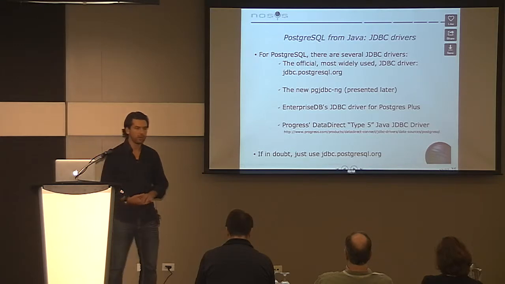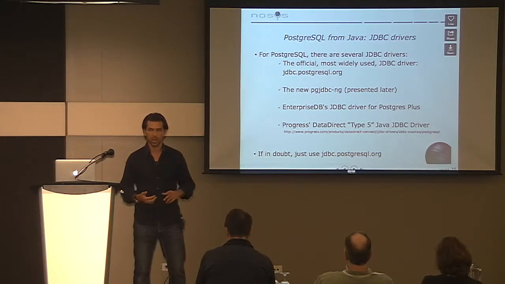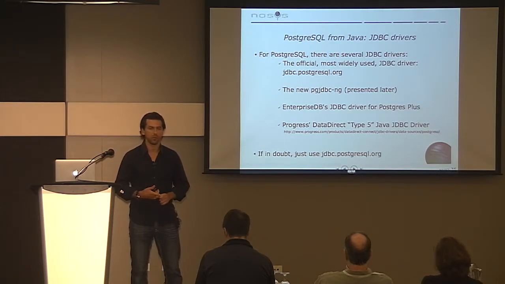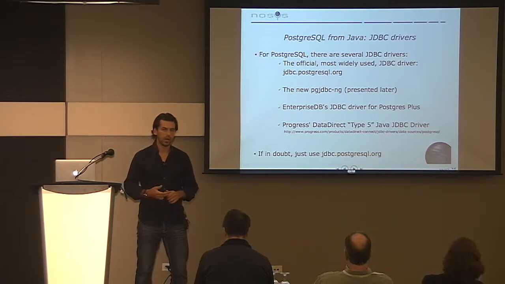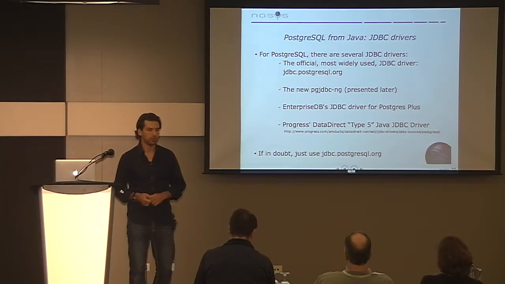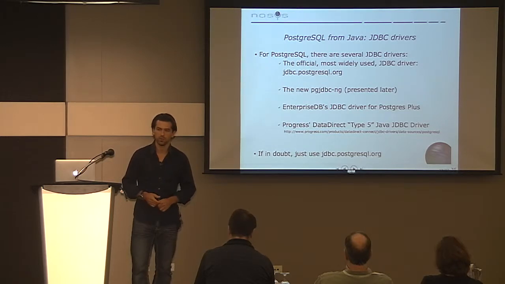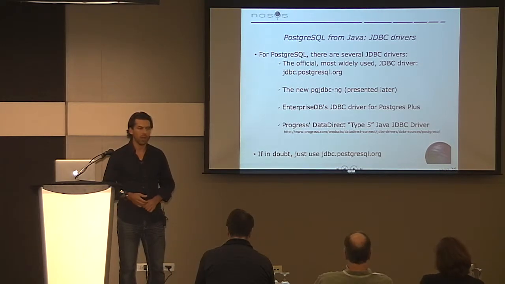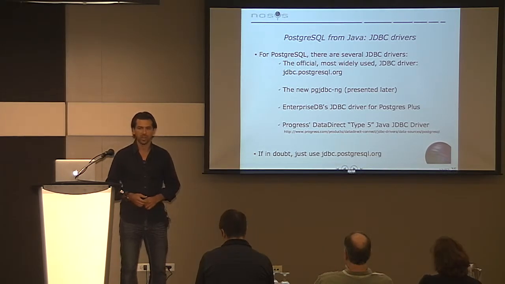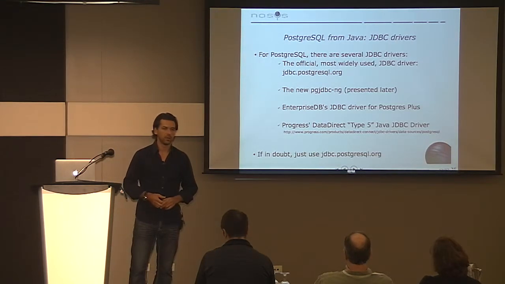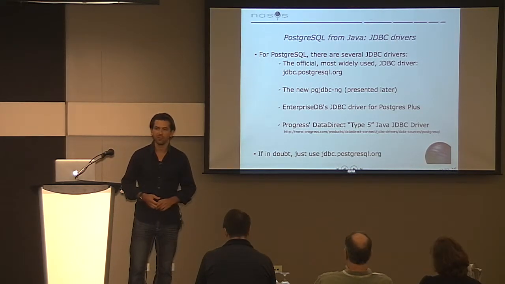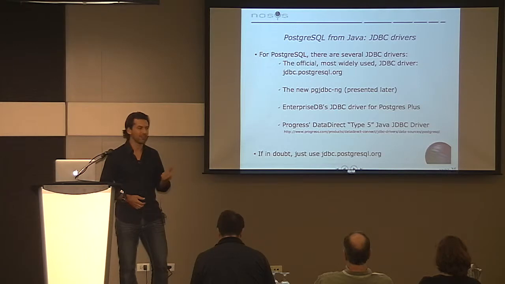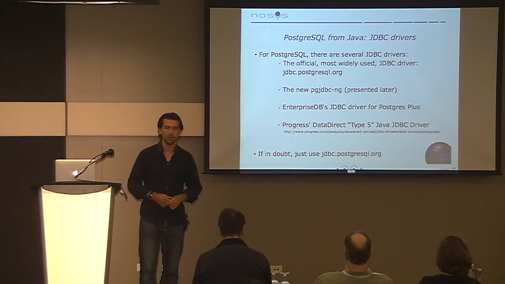When we talk about the different JDBC drivers that we can find, there are a couple of them, like the standard JDBC driver, the alternative JDBC driver I was mentioning before, and the EnterpriseDB JDBC driver for doing specific EnterpriseDB Postgres Plus Advanced Server things. And there's also the Progress Type 5 JDBC driver. I don't know if you know this company and this driver. Does anyone know what a Type 5 JDBC driver is? Have you heard about this driver before? Progress DataDirect, Type 5 driver. OK, so I don't know what a Type 5 driver is either.